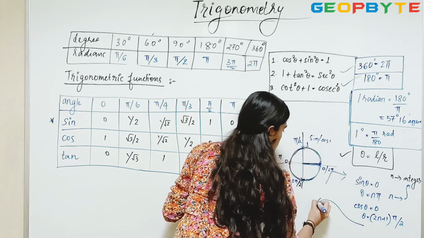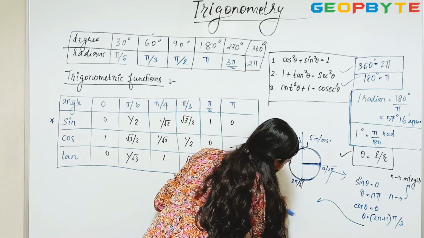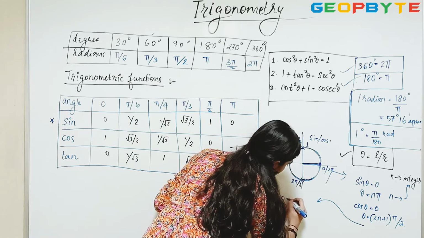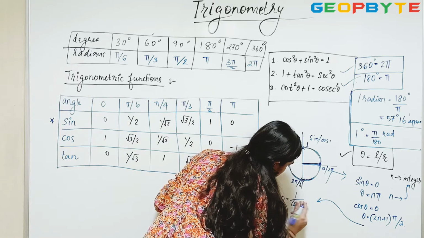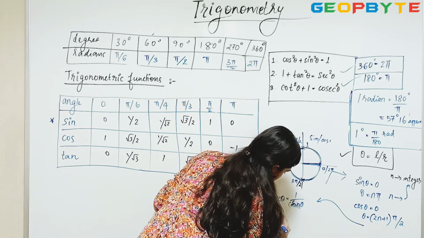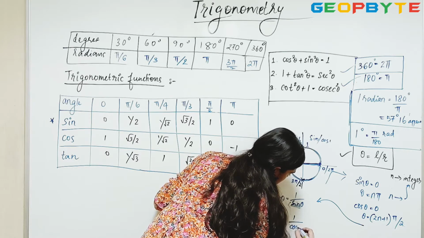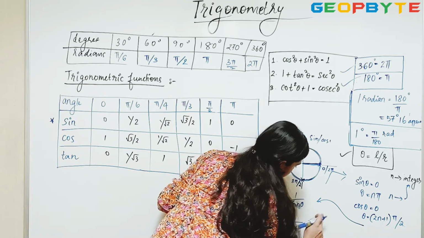So if I take cosec and sec functions, cosec theta is equal to 1 by sin theta, and sec theta is equal to 1 by cos theta.